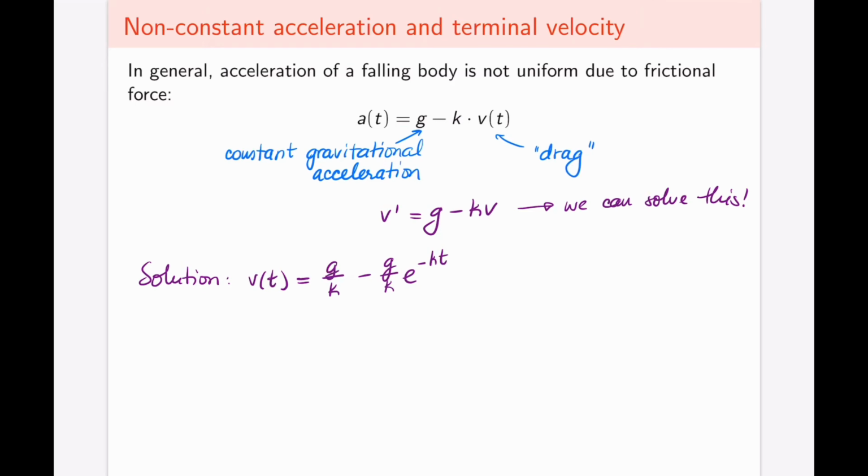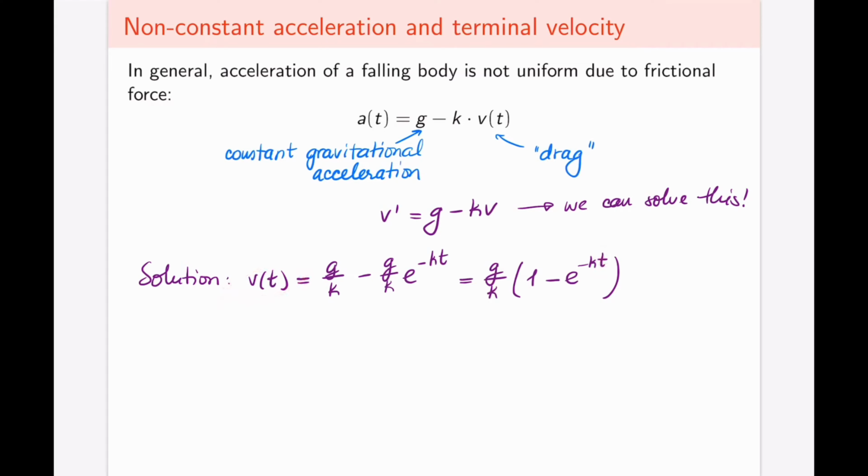I can factor out g over k because that's a constant, and altogether then I will have g over k times 1 minus e to the power of negative kt in the brackets here. This is it. This means that I can calculate the velocity of my falling object if I know the gravitational constant, the constant of proportionality of the drag, and the time at which I would like to actually compute said velocity.